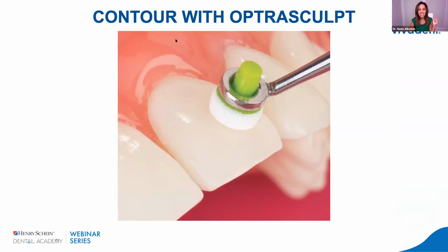In this system, the Efficient Aesthetics system, there are these instruments called the OptraSculpt instruments. I wanted to take a step back and show you this particular one, because this is one of my favorite things in my whole office, and I use it for many different applications. One of the nice things is the one that's shaped like a round pad.